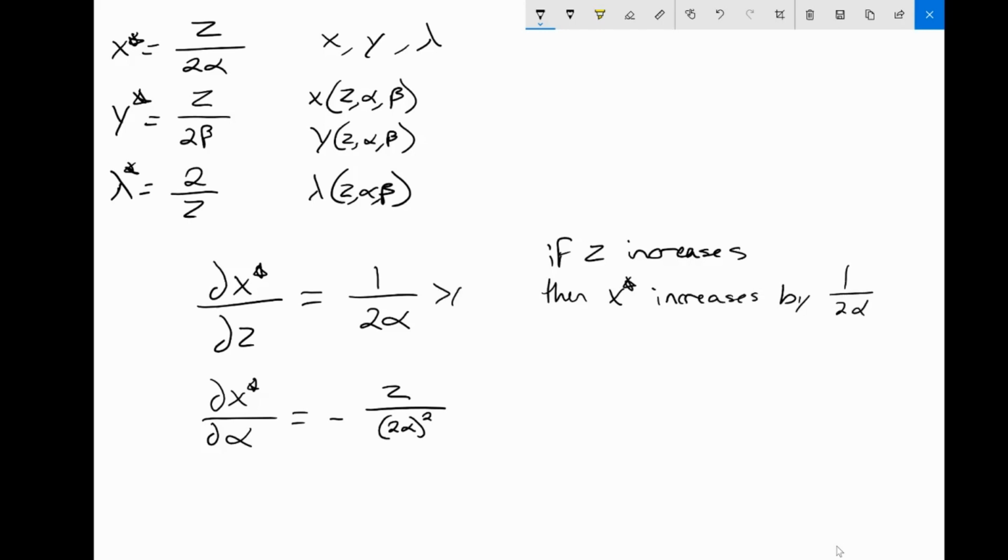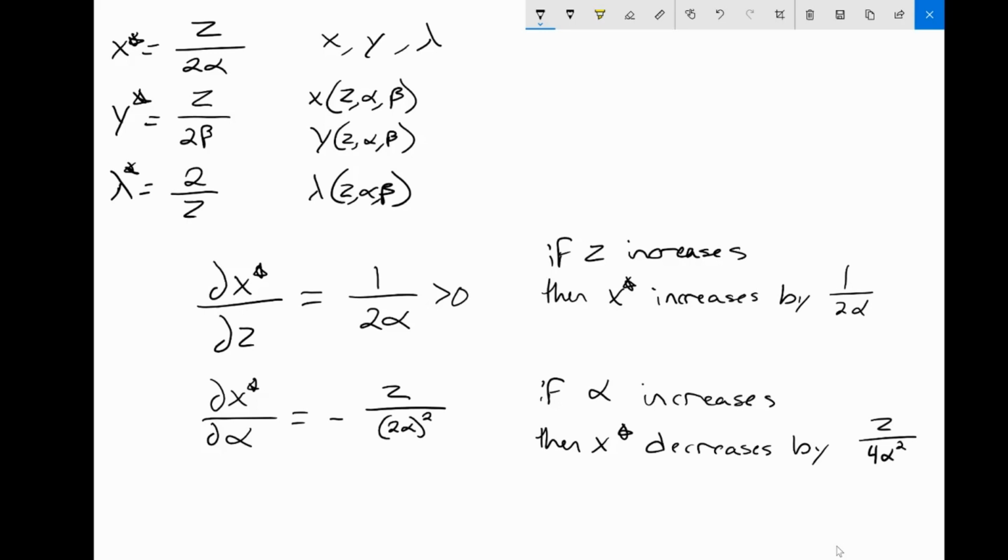This is positive, so it increases. If alpha increases, then x star decreases by z over, I can simplify this, 4 alpha squared.